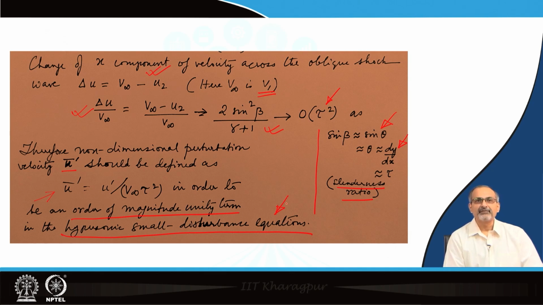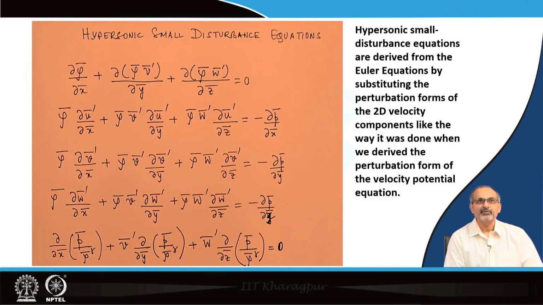So, we are referring back to those equations once more, which we had learnt earlier. These are the hypersonic small disturbance equations. You may recall that all these dependent variables have been non-dimensionalized, and the ones with dashes involve the perturbations. So, we were just discussing this perturbation u bar dash, and remember that this equation was decoupled from the rest of the system.